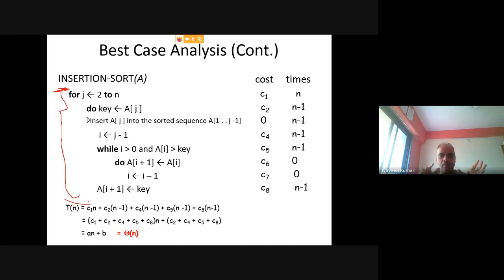First run insertion sort over that input array A. Then over the same array, find out the time of bubble sort or selection sort. Then compare those times, right? Same array, same machine, whatever you are using. Over the same machine and same array, you need to find out the time taken independently by all these algorithms.